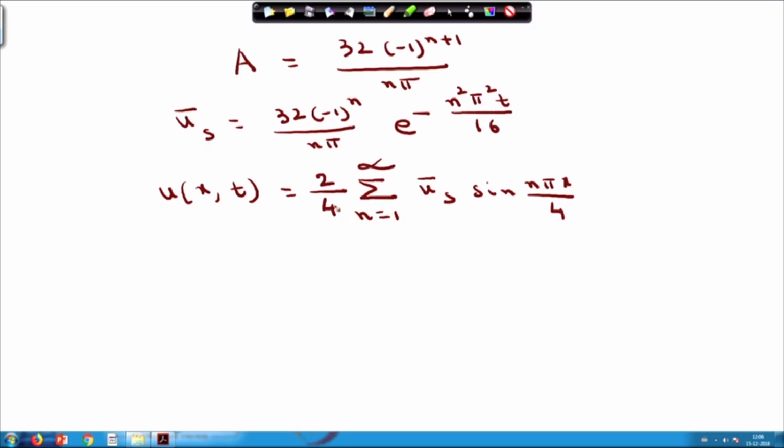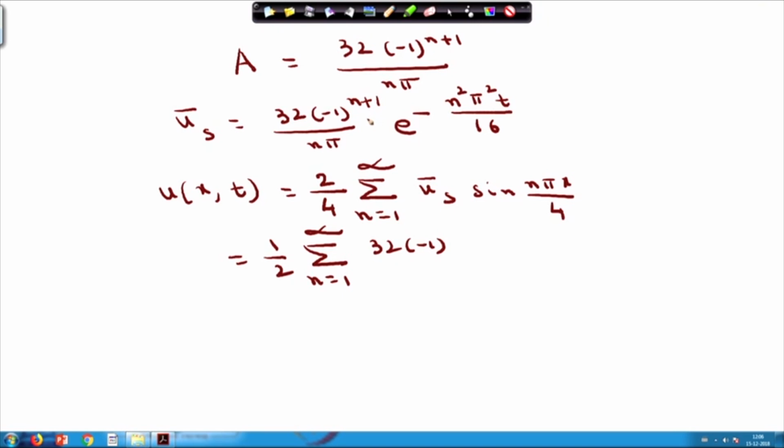So, by the formula 2/L summation n equals 1 to infinity ū_s sin(nπx/4), this equals, you can write, half will come in, summation n equals 1 to infinity 32 into (-1) to the power, sorry, n plus 1.